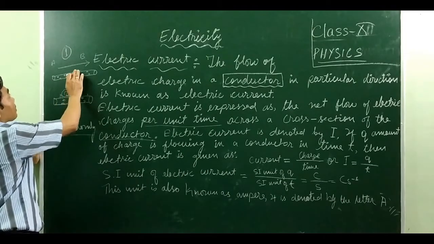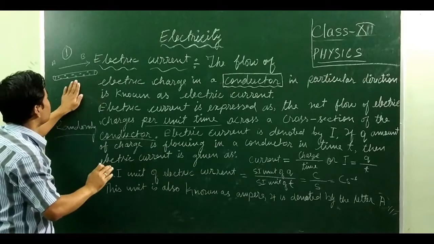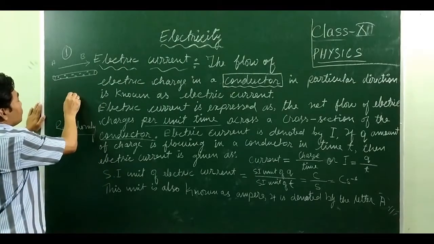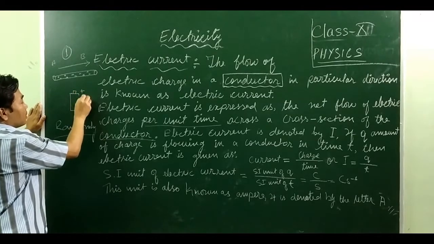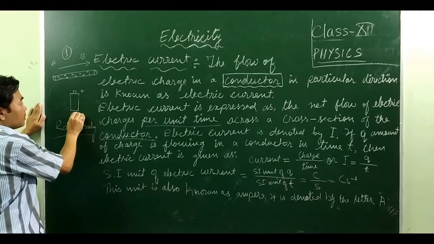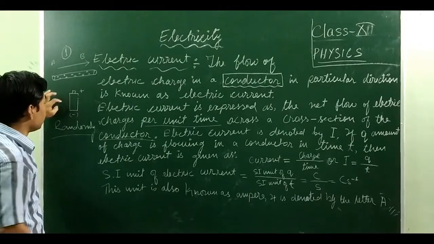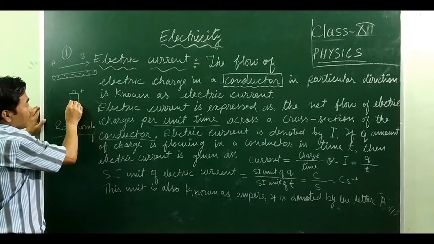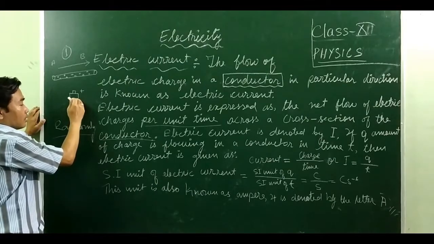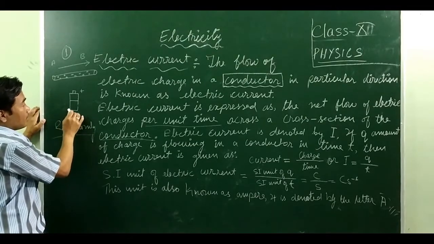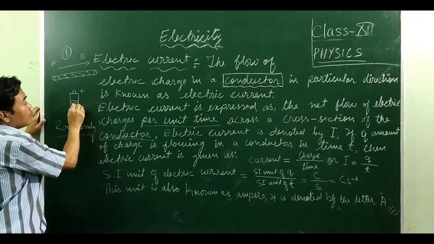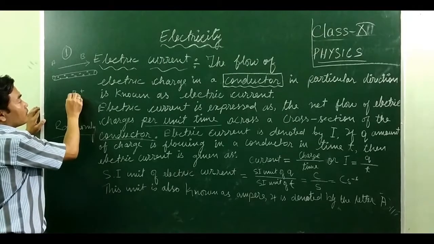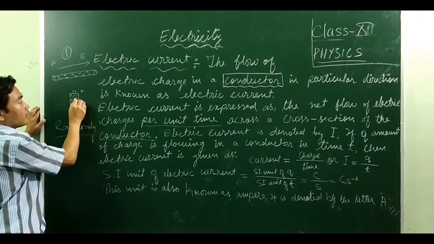So if this is a battery, a cell, it has two terminals, right? Positive terminal and negative terminal. Inside the battery there are two chambers, divided into halves like this. The bottom part, the negative terminal, is filled with electrons, negative charge, and the upper portion is filled with positive charge, protons. So this is electron, this is proton.